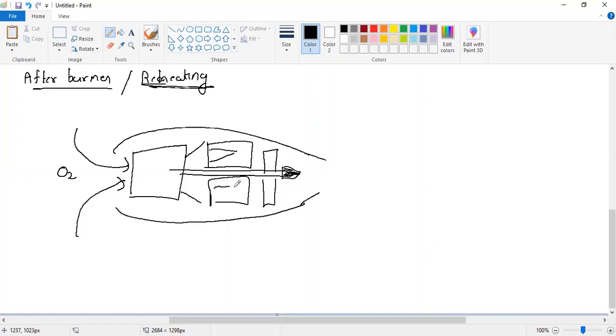Let us say this is a flame. Okay, beta. Now what happens? See, as the air is coming out, when you do the combustion, there is still some amount of air which has the uncombined oxygen, or I can say unutilized oxygen.